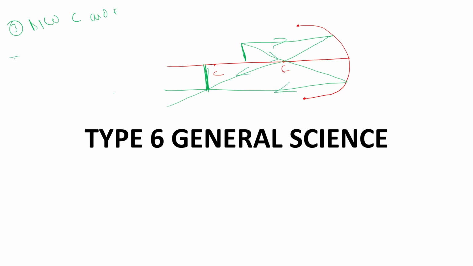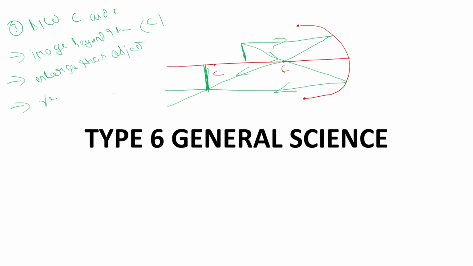So what we had noticed? We had noticed 3 points here. First, the image will be beyond the center of curvature, or you can say beyond the C. Second, it will be enlarged compared to the object.